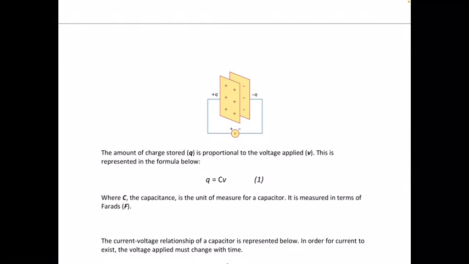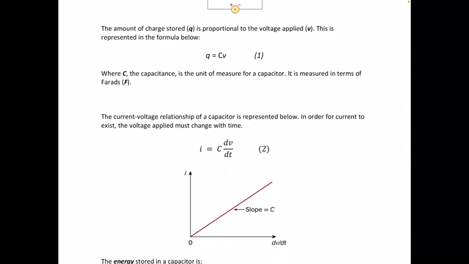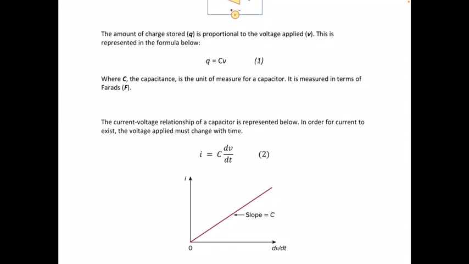The current-voltage relationship of a capacitor is represented in this diagram. In order for current to exist, the voltage applied must change with time. So this is not just a constant voltage. We are talking about rate of change, remember, in derivatives, in differential calculus. So the voltage that we are talking about here changes with time.